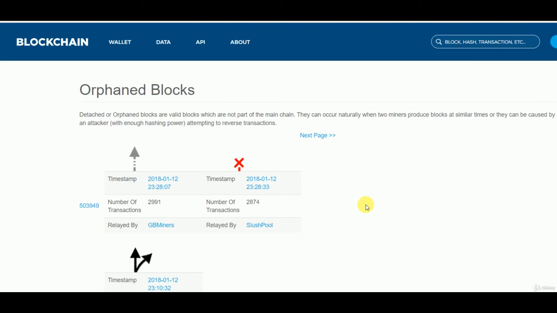In that rule, if two miners mine a block at the same time, one miner's block will be considered the orphaned block. It is not attached to the main chain. Those kinds of blocks are called orphaned blocks. So this is also one of the concepts.